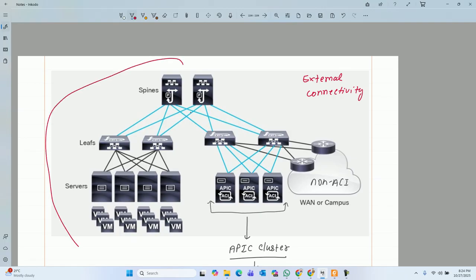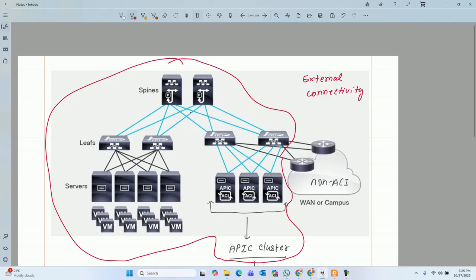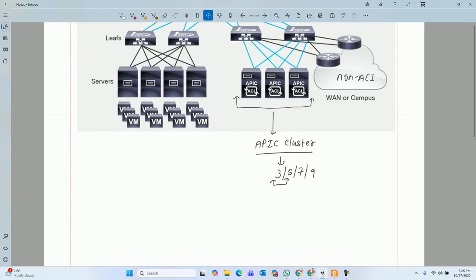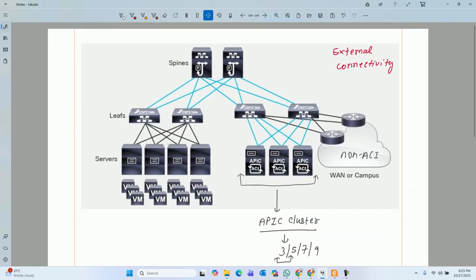This is your ACI fabric, and this side of the network is not part of the ACI. That's why we are going to call it a non-ACI environment. This kind of topology we have in data center ACI, guys.